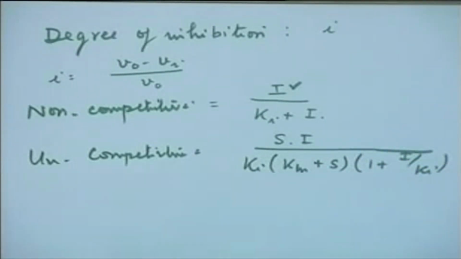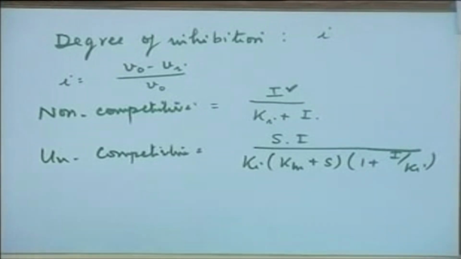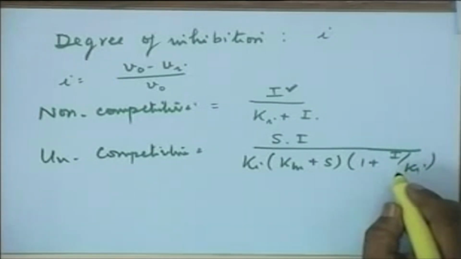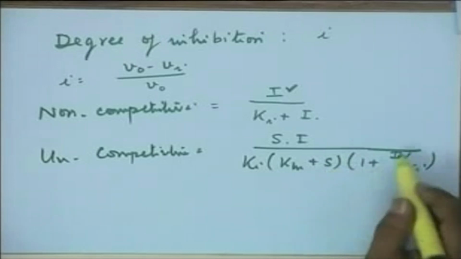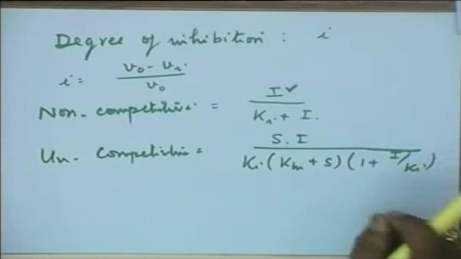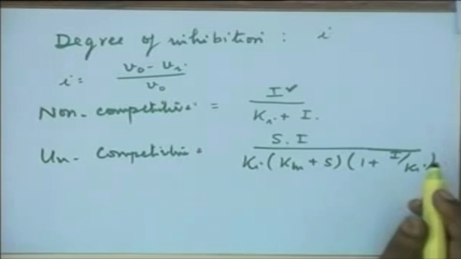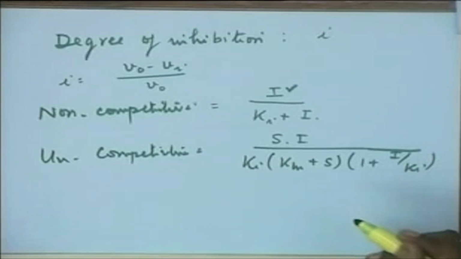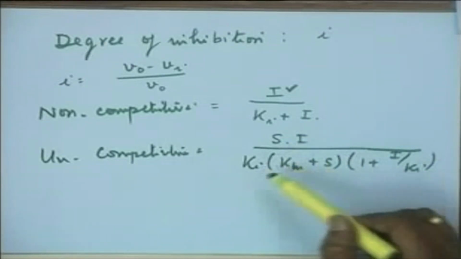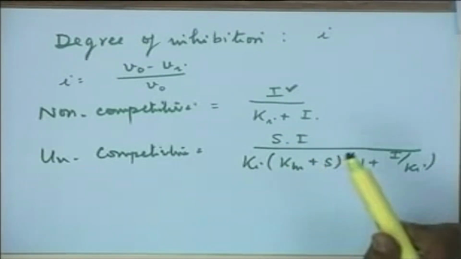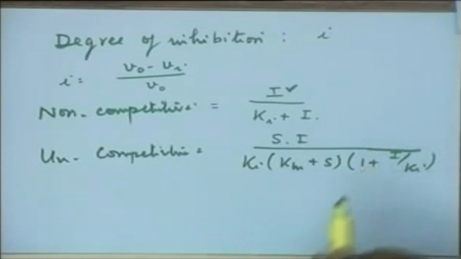The degree of inhibition will rise from, let us say, S equal to 0, when there is no reaction, to a limiting value of I upon 1 plus I over Ki at very high substrate concentration. But like competitive inhibition, it will depend on the substrate concentration, inhibitor concentration, Ki and Km, all the parameters.